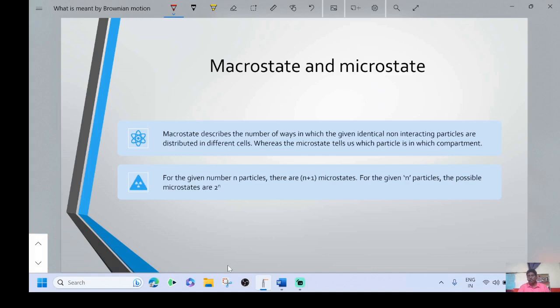For the given number of n particles, there are n plus 1 macrostates. For the given n particles, the possible microstates are 2 power n.